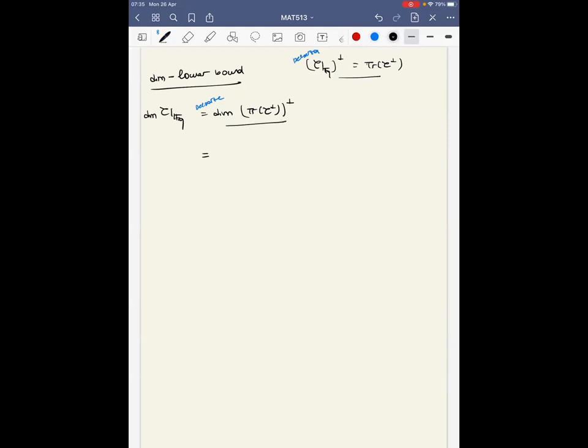And if you consider the definition of the dimension of the dual code, this dimension is equal to the dimension of the ambient space, n, minus the dimension of the trace code of C dual.